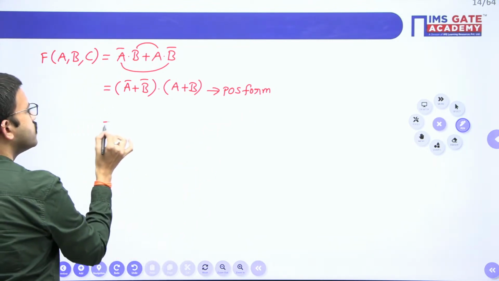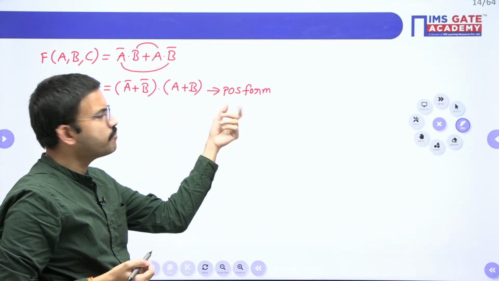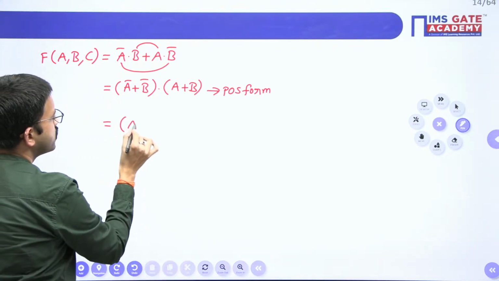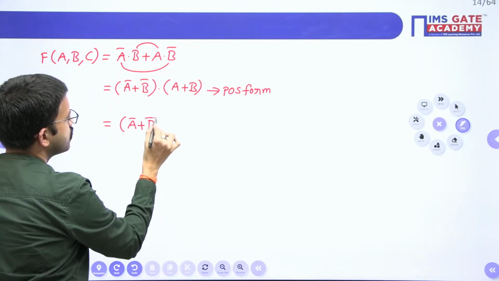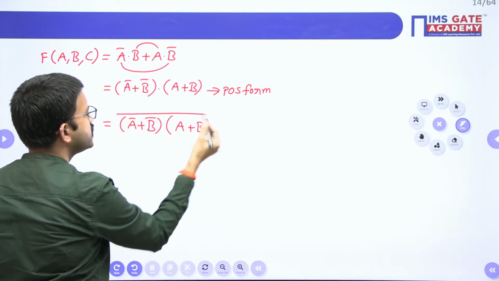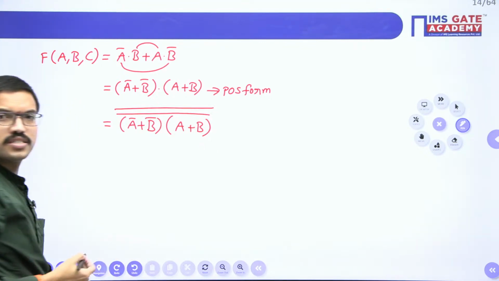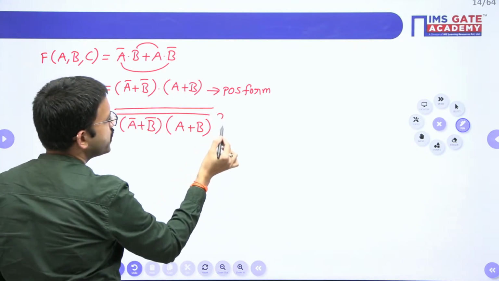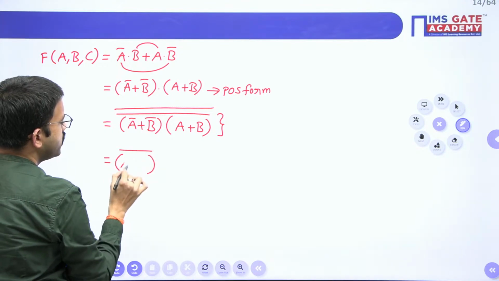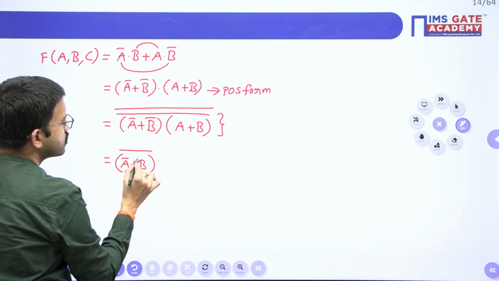When you have the function in POS form, we can easily implement it with the help of NOR gates. So here also follow the same approach. Whatever the function you're having, just apply 2 times complement. For inner complement, apply De Morgan's law.